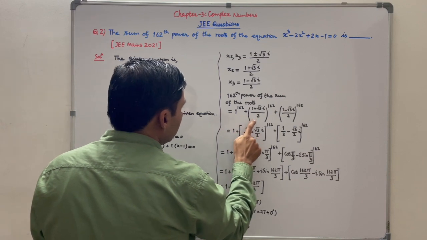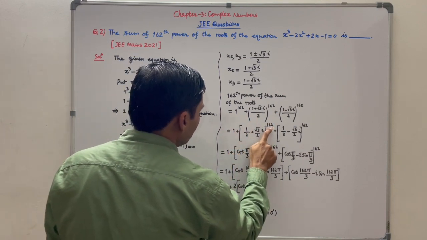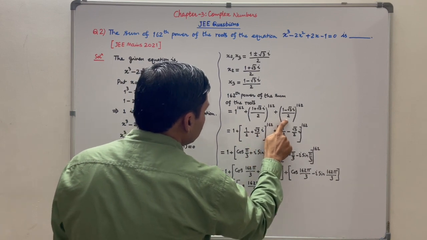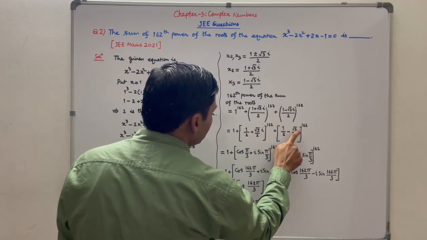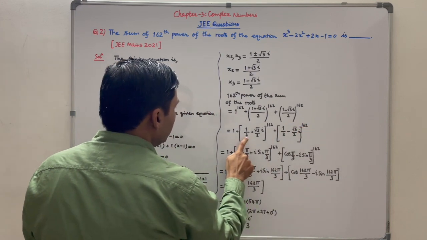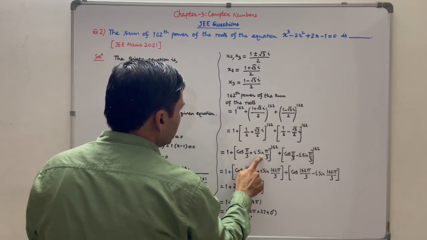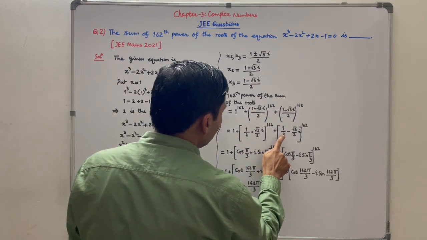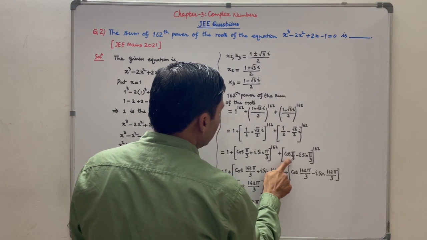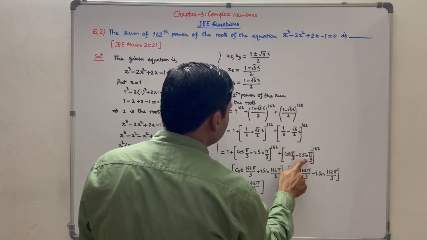The second term can be written as (1/2 + (√3/2)i)^162, and the third term can be written as (1/2 - (√3/2)i)^162. 1/2 means cos π/3, and √3/2 means sin π/3. Similarly, 1/2 means cos π/3 and -√3/2 means -sin π/3.